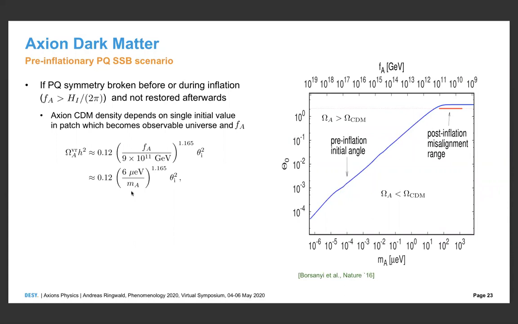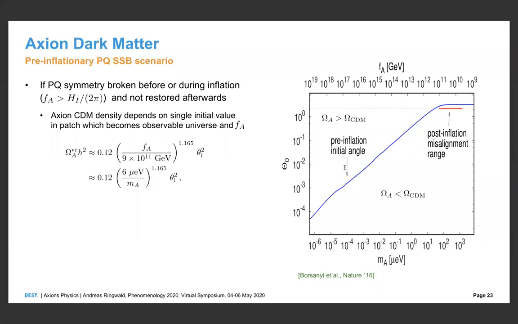Here the result is shown: there is this initial theta_I value, which is an environmental parameter, so to say, and the axion mass or the axion decay constant, which you can interchange as you wish.